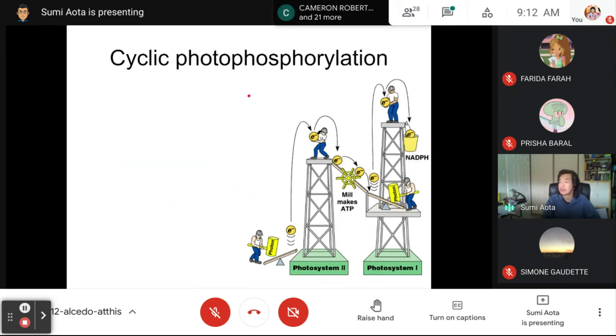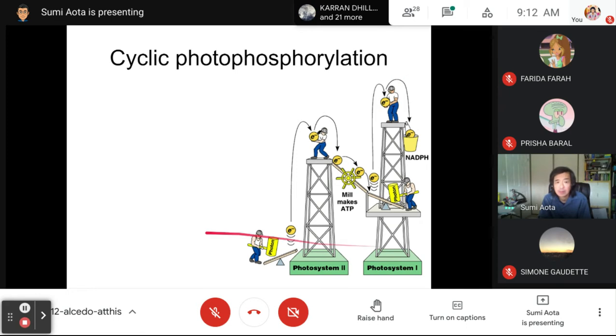Okay? But there is a second way that this system can work. It's called cyclic photophosphorylation. Okay? The difference is this word here, cyclic. So in cyclic photophosphorylation, electrons don't come in from one end and leave the other. The electrons instead cycle through.